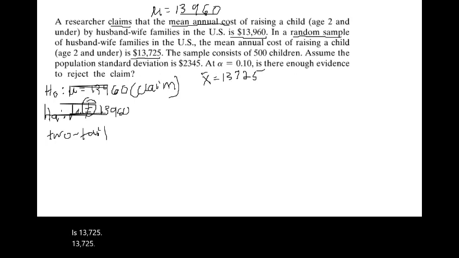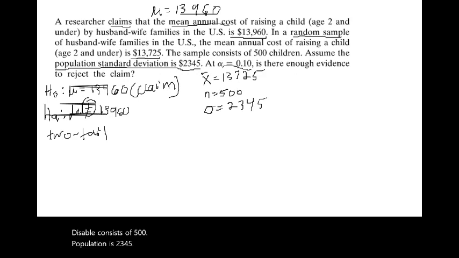The sample consists of 500 children, so that is the sample size, n equals 500. Assume the population standard deviation is 2,345, so that is sigma. At alpha equals 0.10, we're going to figure out if there is enough evidence to reject the claim. Since your claim is H naught, we're either going to reject the claim or fail to reject the claim.